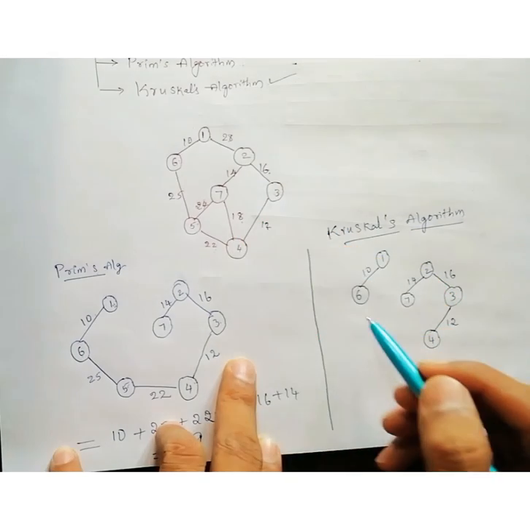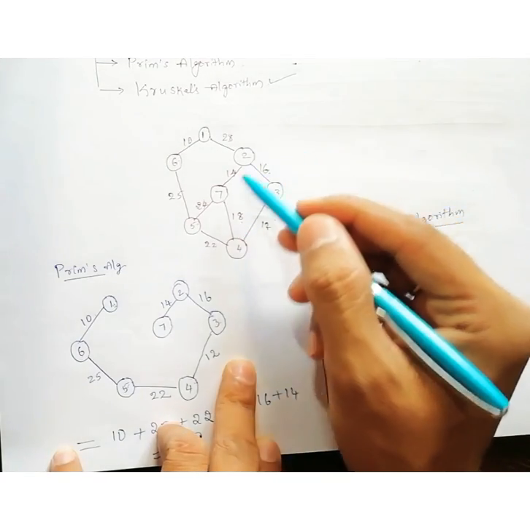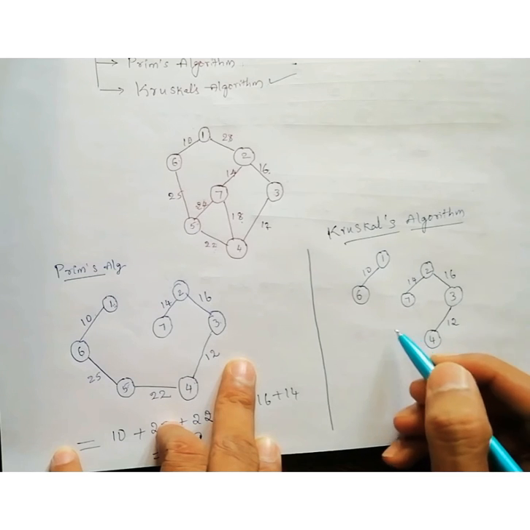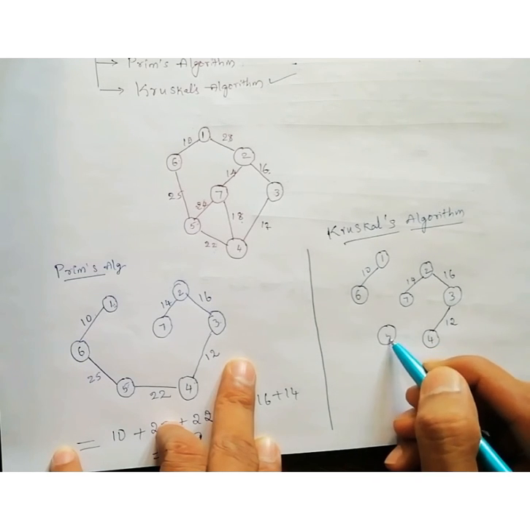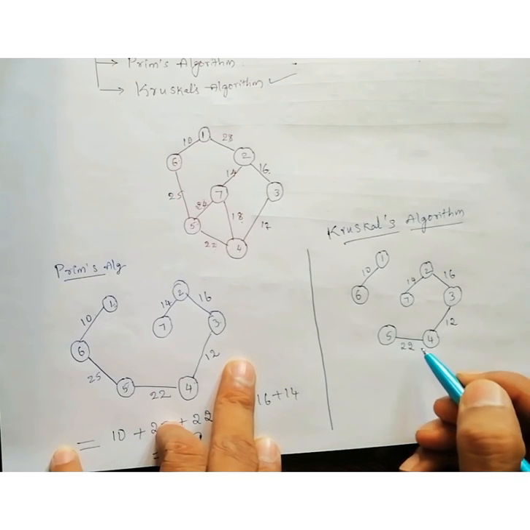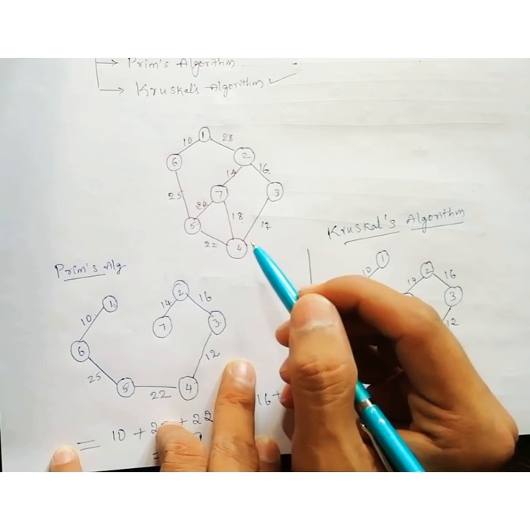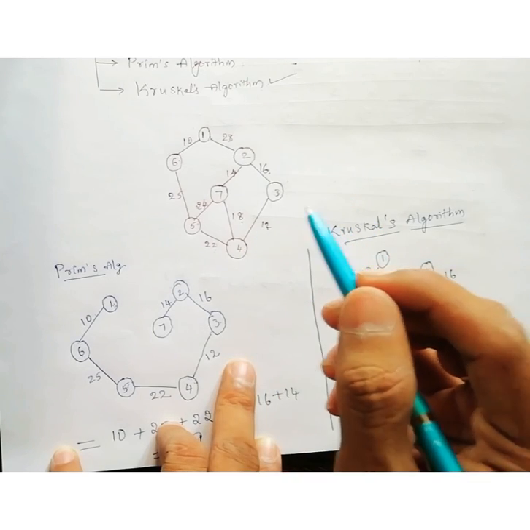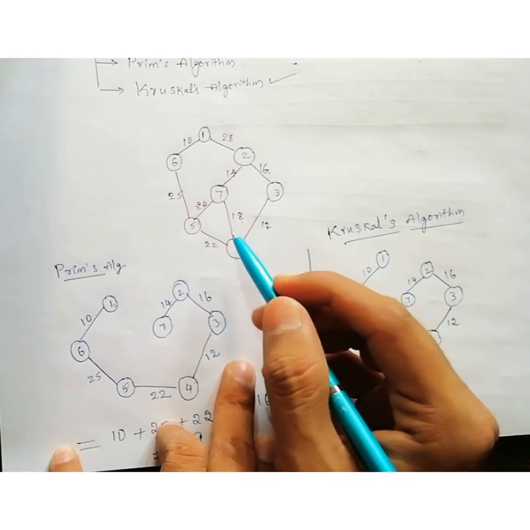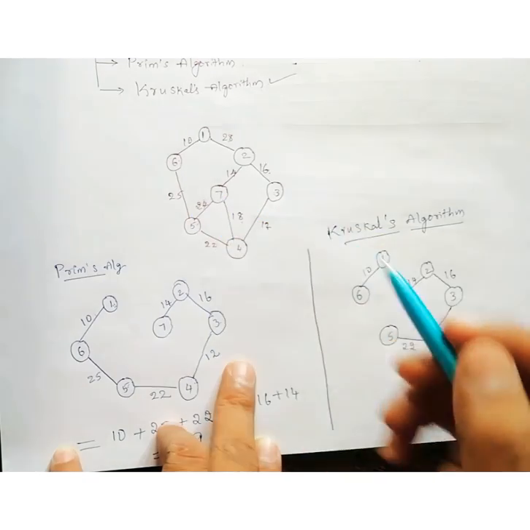So next minimum weight after 18, 22. So I will consider that weight from 4 to 5 or 5 to 4, because this is an undirected graph. So you are finding a spanning tree for an undirected weighted graph. Undirected means edges have no direction. Weighted means edges have some cost.